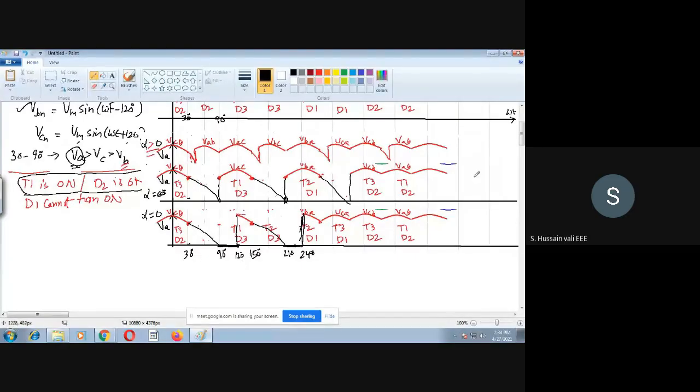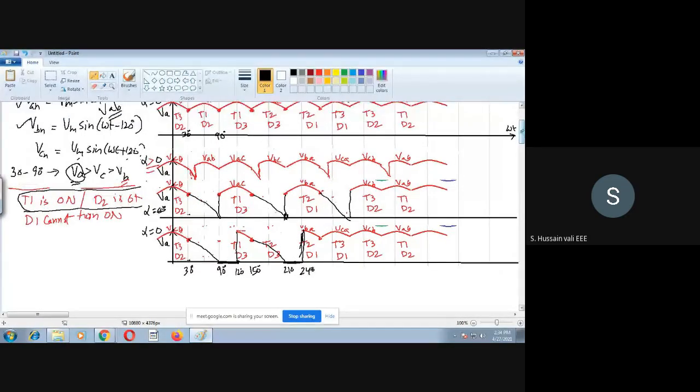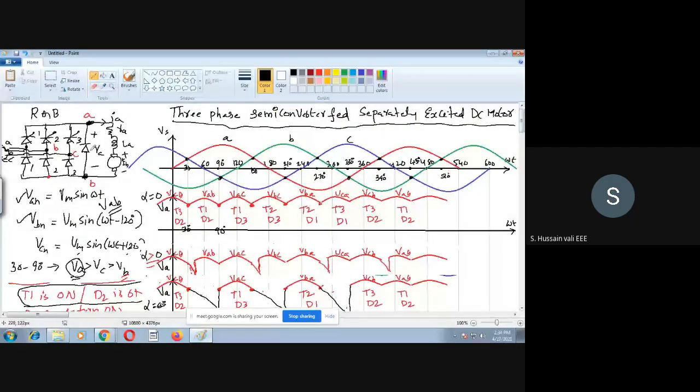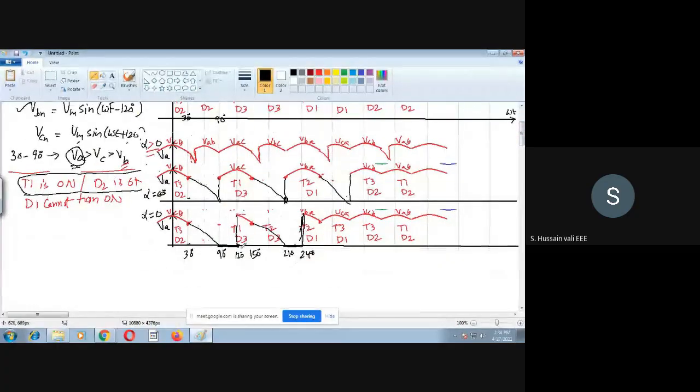Output voltage is 0 in the sense that the freewheeling diode is conducting. Because output voltage is 0, the freewheeling diode will conduct. Here the freewheeling diode will conduct, here also it will conduct. So this is how it flows.